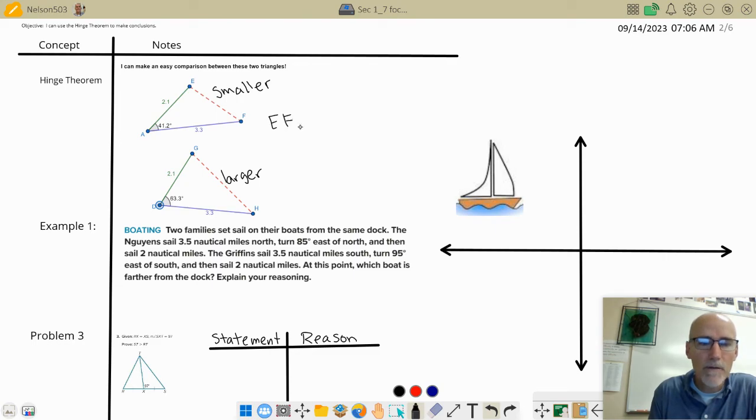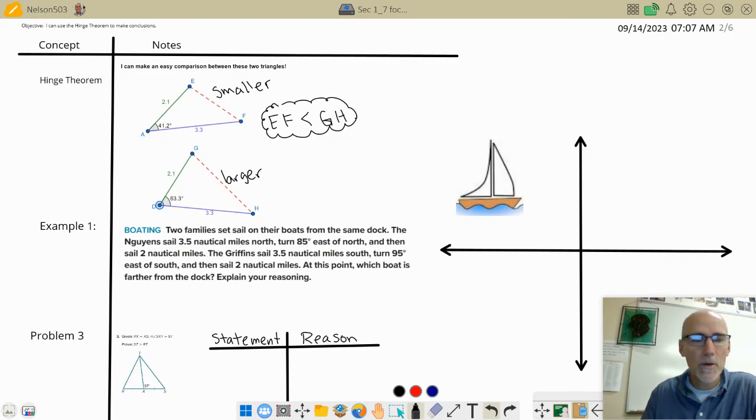Segment EF, like with nothing over the top. That means the distance, the length of segment EF is less than the segment GH's measurement. So the length of GH with nothing over the top means the distance between G and H. So this is the conclusion that we can come up with fairly easily. I hope you agree with me on that.